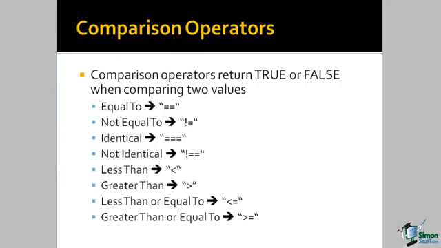Some of the comparison operators. Now, pay particular attention here to the equals to operator. It is not the assignment operator. This is a very common logic mistake. If you're looking to test that two things are equal, then you would use the equal to operator.